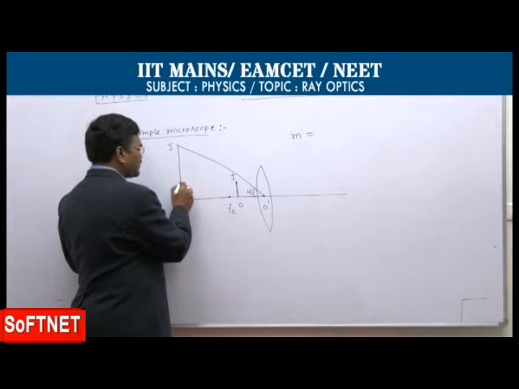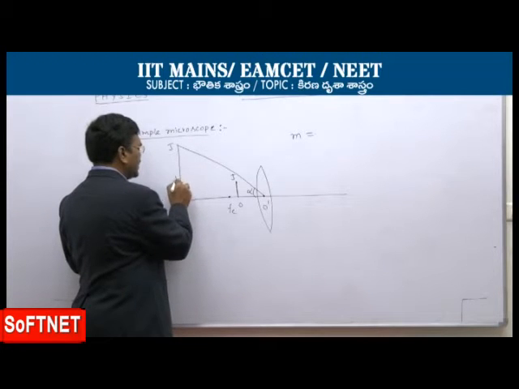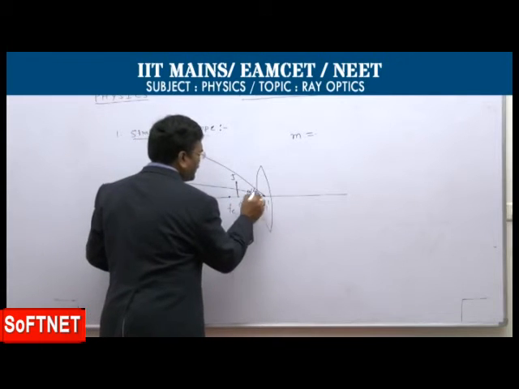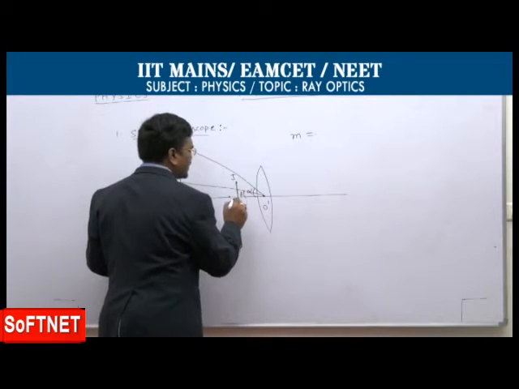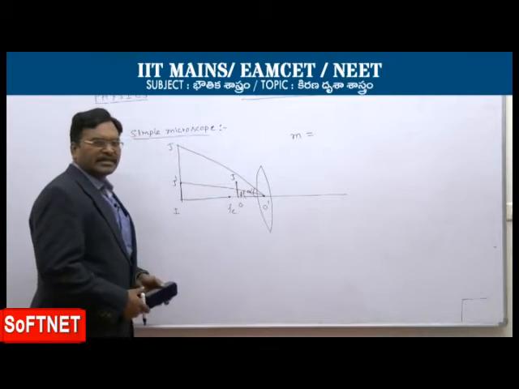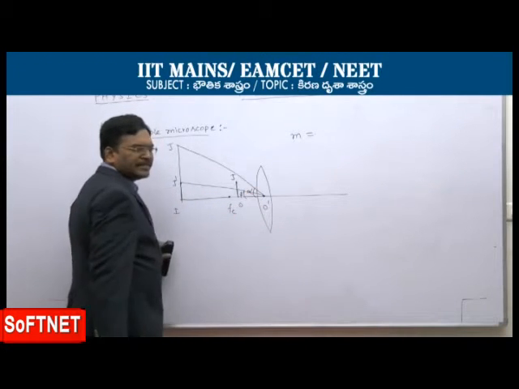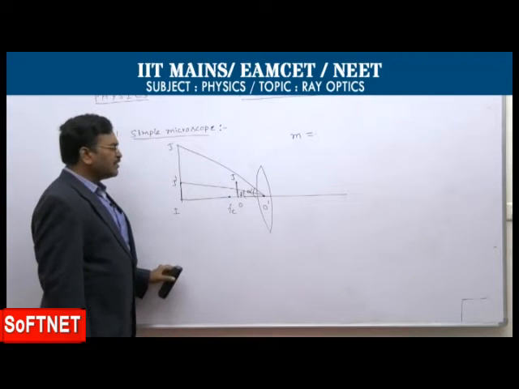Suppose O dash is the optic center. Suppose IJ dash is the object. This object makes an angle beta at the optic center. We think our eye is at the optic center only.